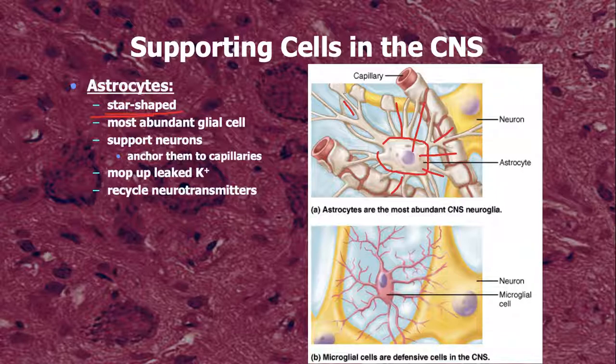Acetylcholine, a neurotransmitter. And it binds the acetylcholine receptors, opens those channels. Okay. Once those are released, though, they kind of just float around. Astrocytes recycle neurotransmitters. So they suck up extra neurotransmitter, turn it back around, give it to the neurons so they can use it again. These guys are cool.